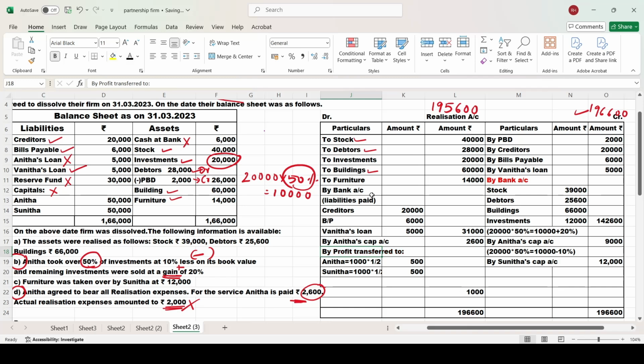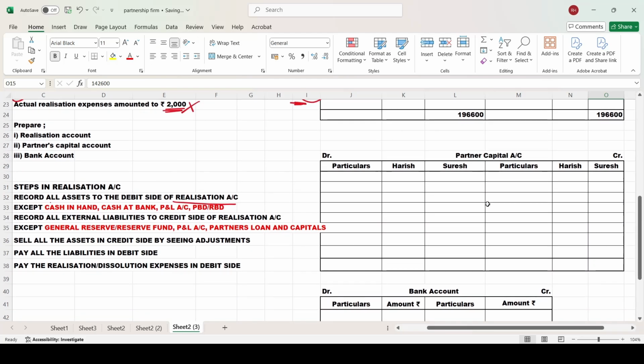Now we'll move on to the next account. Wherever we have written bank, we'll highlight it because it will be useful for us to do the bank account. Okay, the amount also we'll highlight it. Fine. So now we'll move on to the partners' capital account. As you all know, the partners' capital account, one minute, I'll change the name of the partners here.